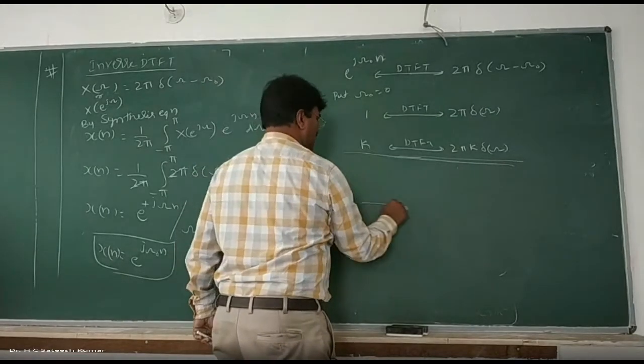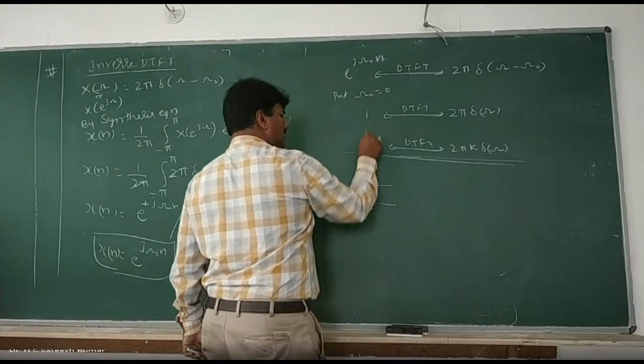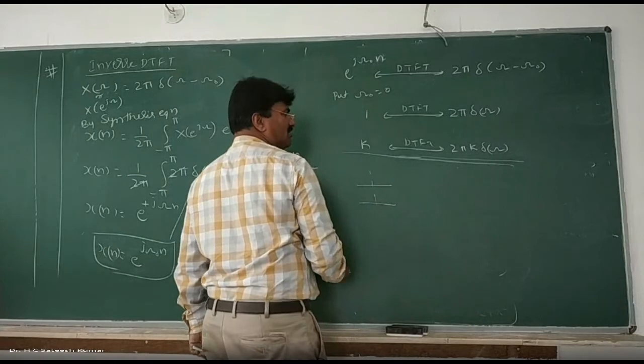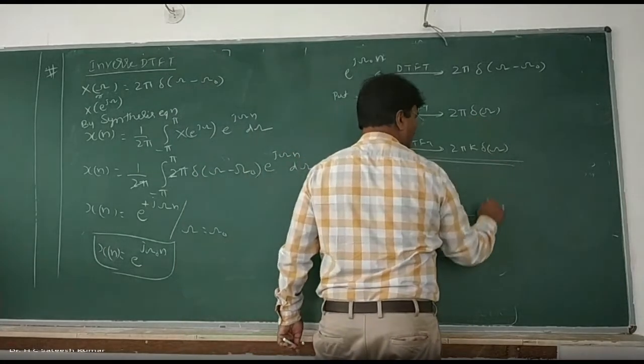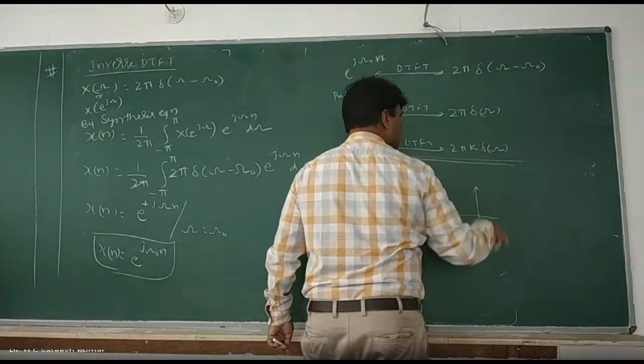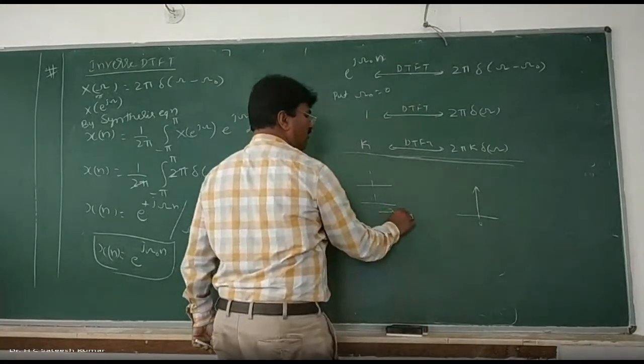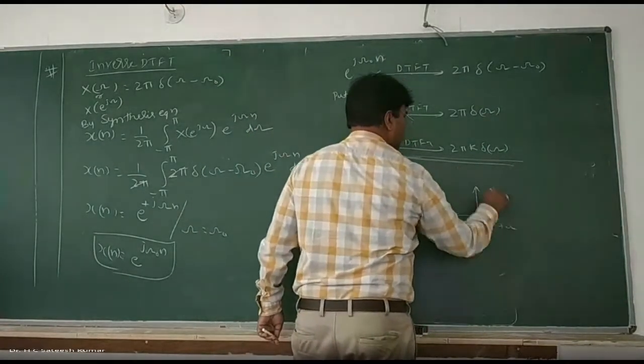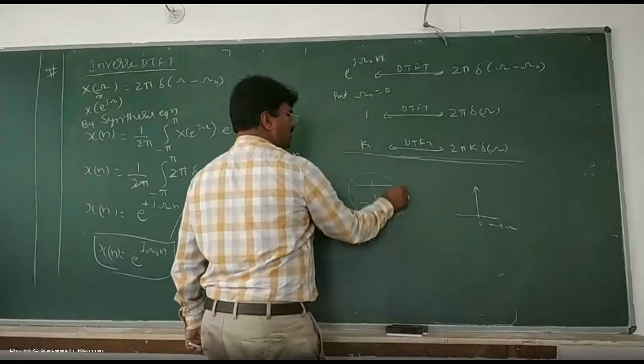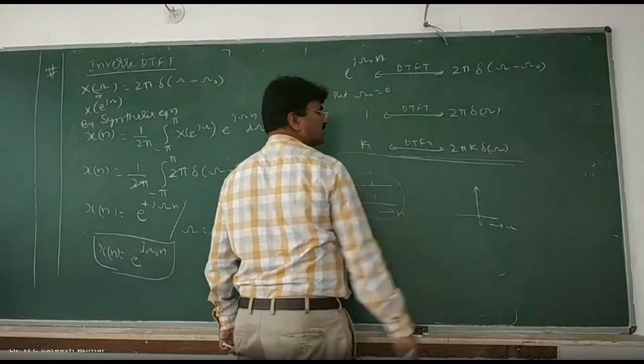If this is the DTFT, that is a constant in time domain, and delta of omega means at 0, it will be like this. So this is in time domain, this is in frequency domain. If you take the Fourier transformation of a constant, you will get this.